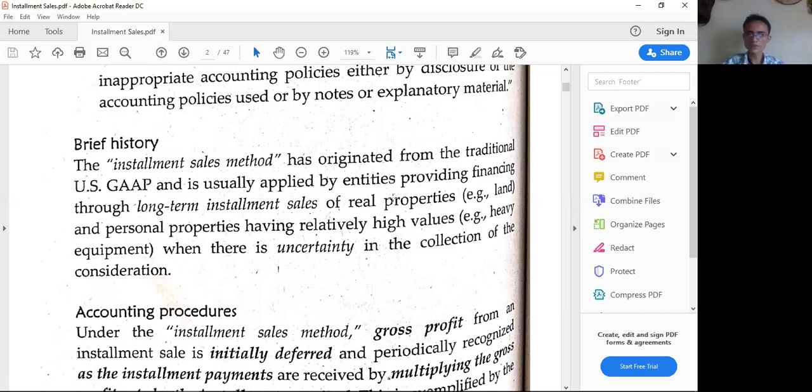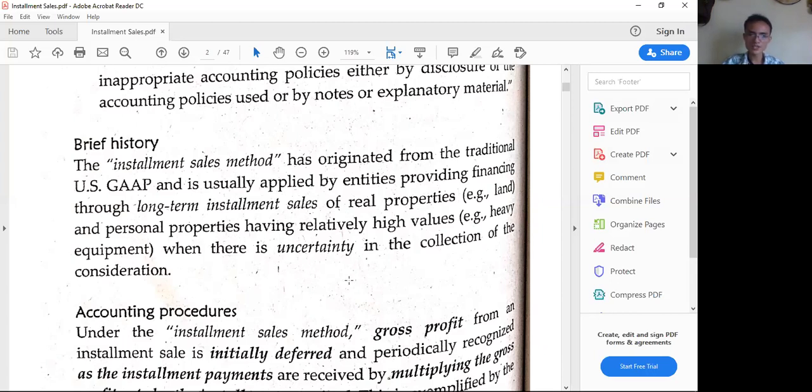It's going to last for 10 years, 15 years, 20, 25, 30. So also personal properties could be gadgets, even intangible items like insurance contracts. So they are to be made in installments, not just goods, but also service.